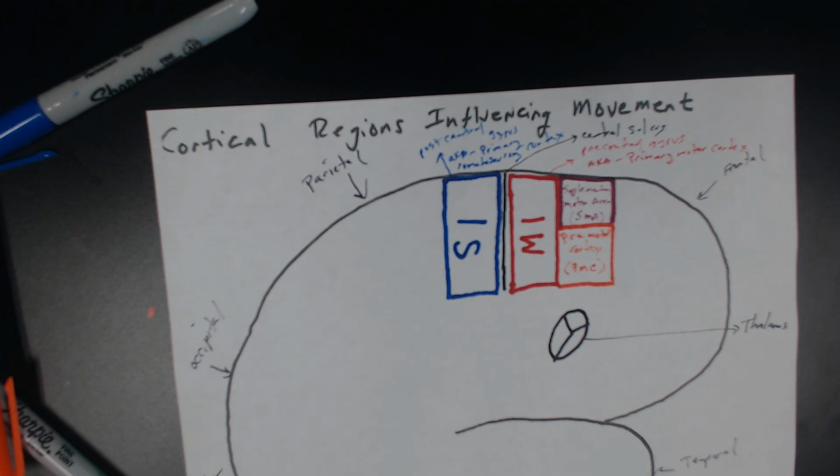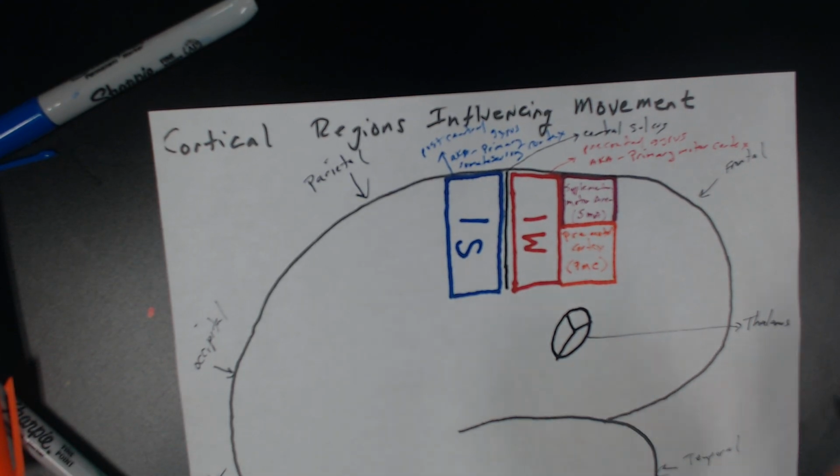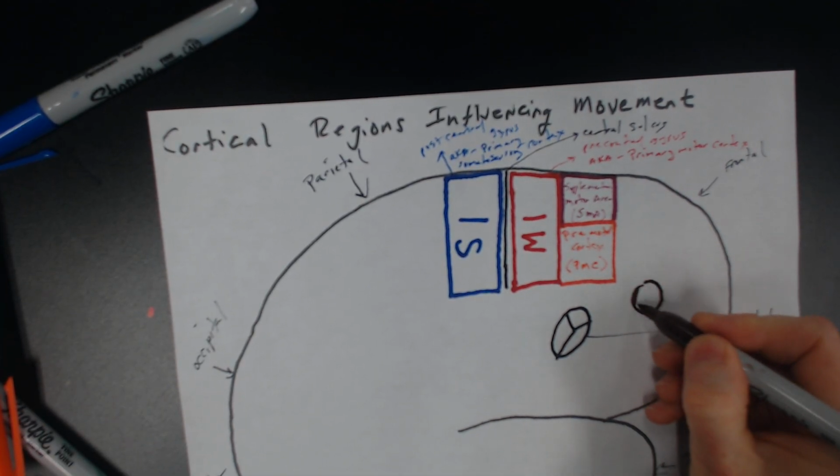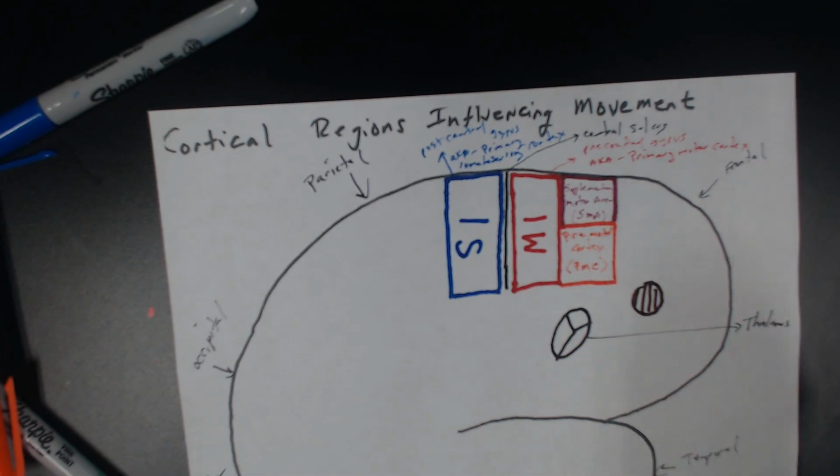Thinking about another area that we had talked about previously, or drawn previously, I'll represent it here as just a brown circle. And these are also going to be involved in movement.